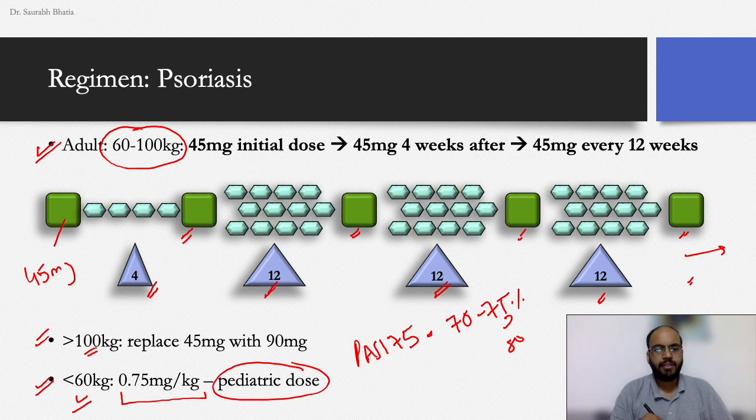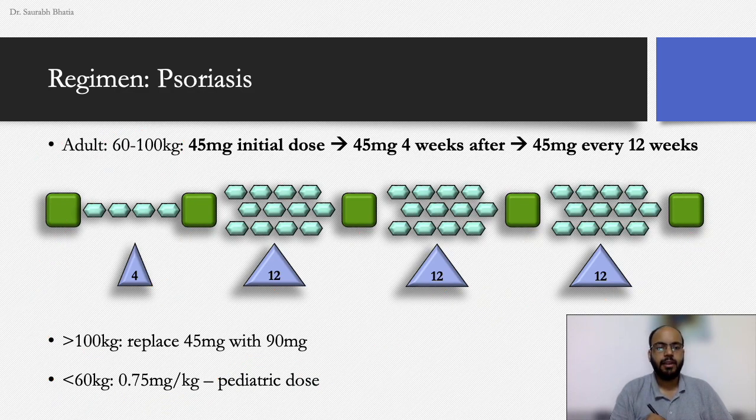So I'm just mentioning PASI 75 when you use 45 milligram of ustekinumab: PASI 75 is seen in 70 to 75% of patients.